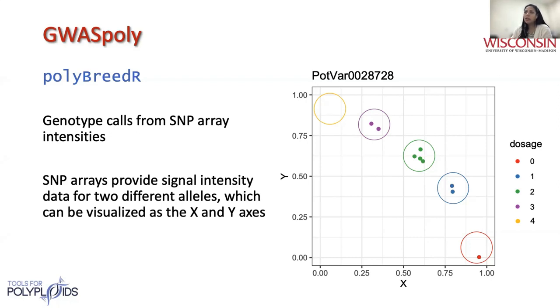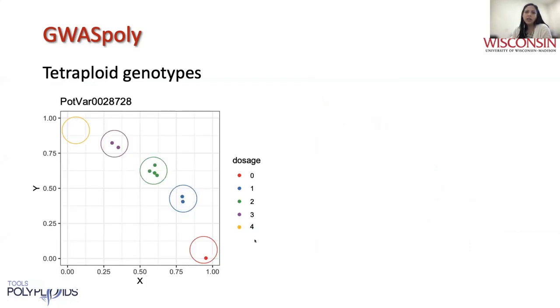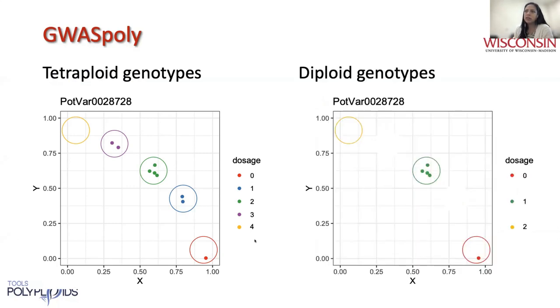Like I said, in tetraploids, we have 5 different genotype calls, but that's not what we see in diploids. And if we're looking into mixing these data sets, we need to also be careful about how we're going to be combining this data. What we see on diploid genotypes is only 3 groups, because the 2 groups from here will not exist.